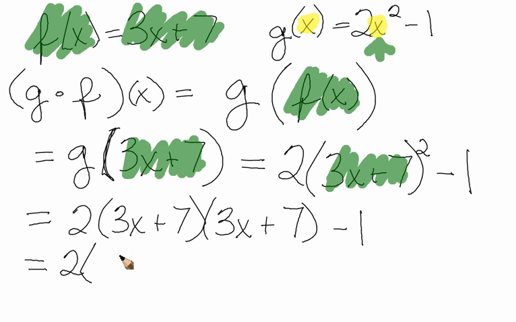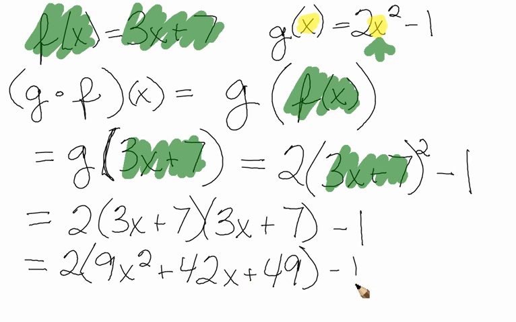That would be 2 times, and this will be 9x squared, okay, and then 21x and 21x, so 42x plus 49 minus 1.